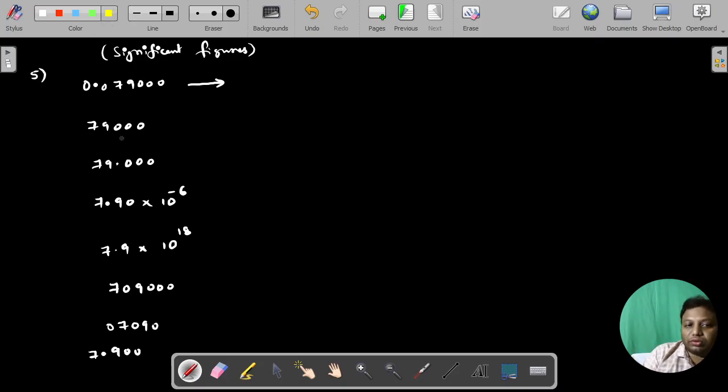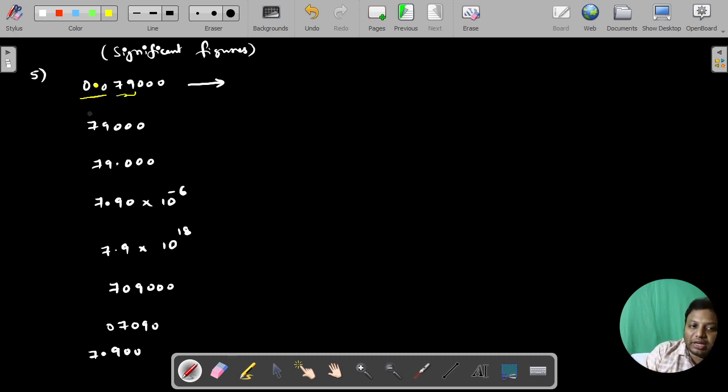So the rule goes, so while writing the answer, I will also explain the rule briefly. In this we have to calculate the number of significant figures. See, all the zeros which are coming in the front part of the number, they are not significant. You should not count them.